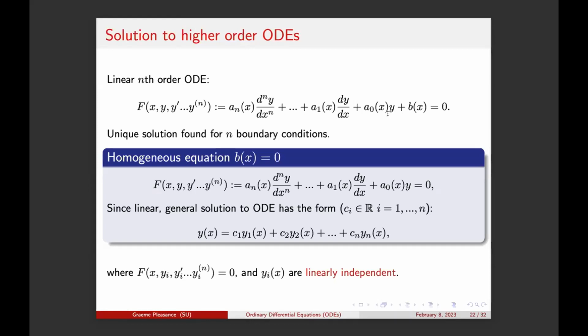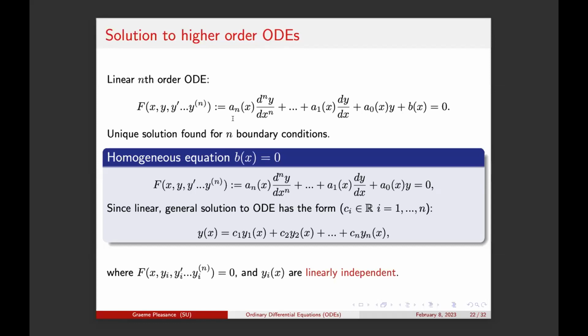Okay, so if we now go back to almost the first slide that I had in the first lecture, the general definition of a linear nth order ODE is that it's a family of equations for some unknown function y, which can be written in this form. In this expression, a_n all the way up to a_1 and a_0 and b(x) are just arbitrary differentiable functions.